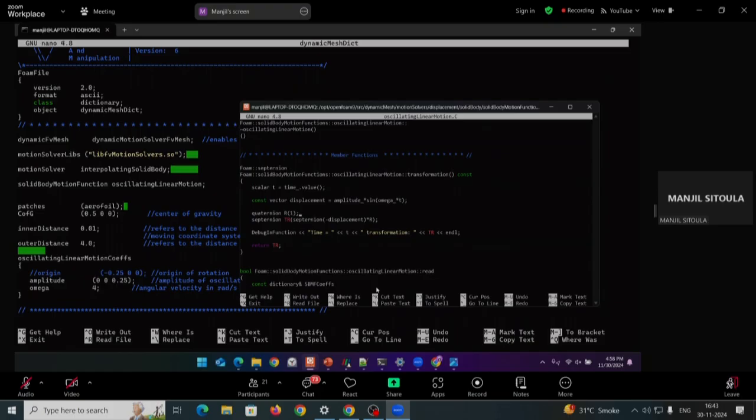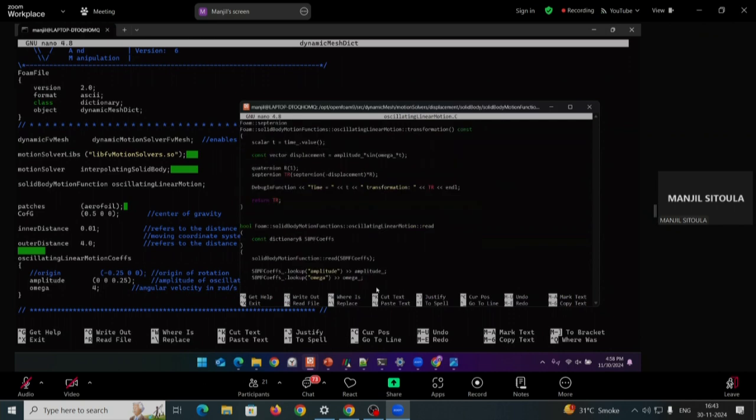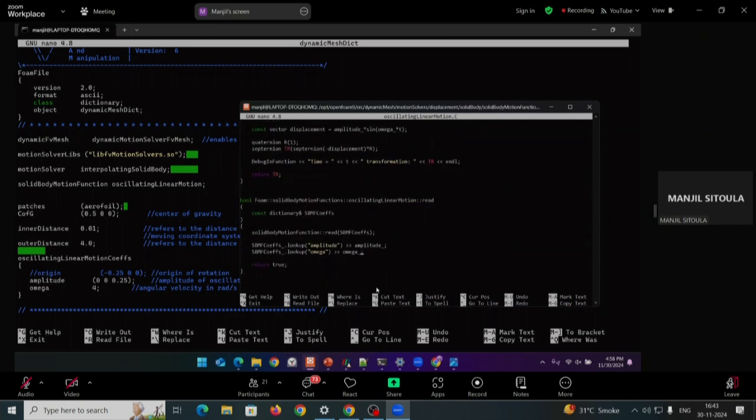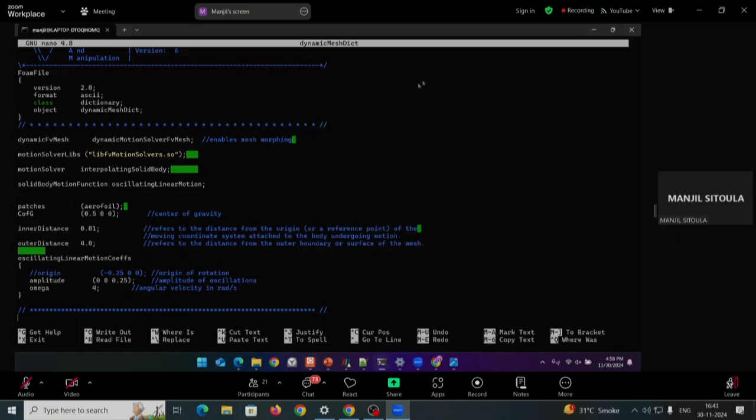We will be solving amplitude into sine omega into t, and the inputs it looks up are the amplitude and omega, which we have provided here in the dynamic mesh file. So we have provided the amplitude and omega as well.